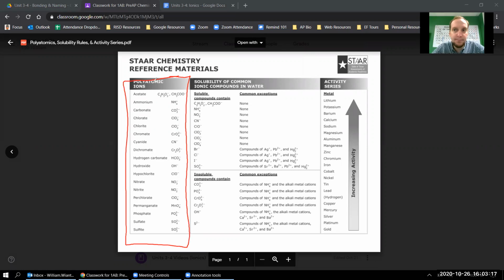But notice there are many more than what we talked about. There's chromate, cyanide, dichromate, hydrogen carbonate, hypochlorite, perchlorate, permanganate, and I think we mentioned all the other ones. There are many of them, but you don't really need to memorize these. You just need to be able to find them and know how to use them.